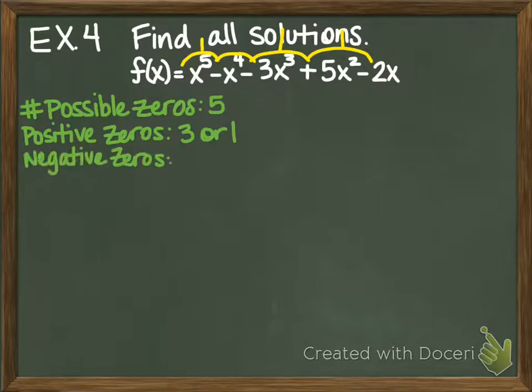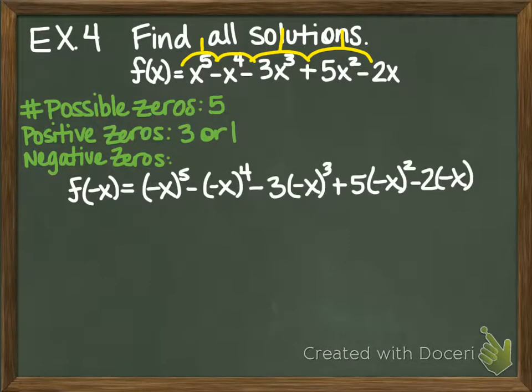Okay, so now we're going to do negative zeros. So in place of x, I plug in a negative x, and I need to simplify. The rule is a negative x raised to an odd power will change the sign in front of the parenthesis. If it's a negative x raised to an even power, it's going to keep the sign in front of the parenthesis.